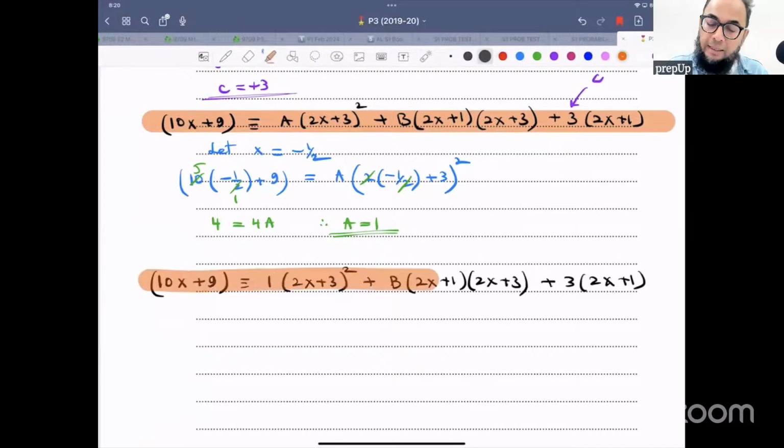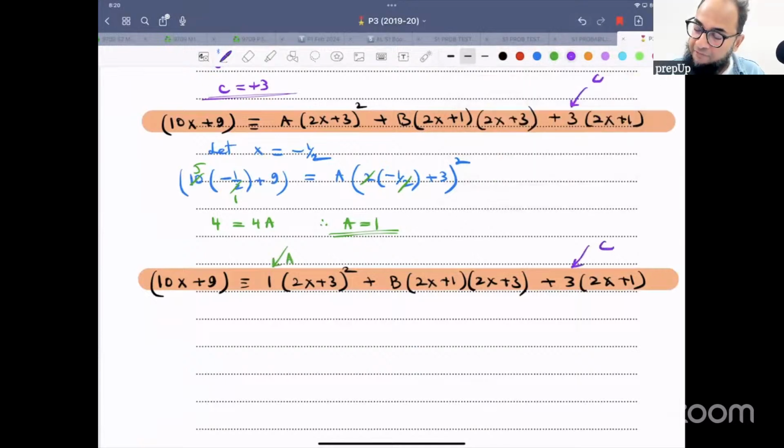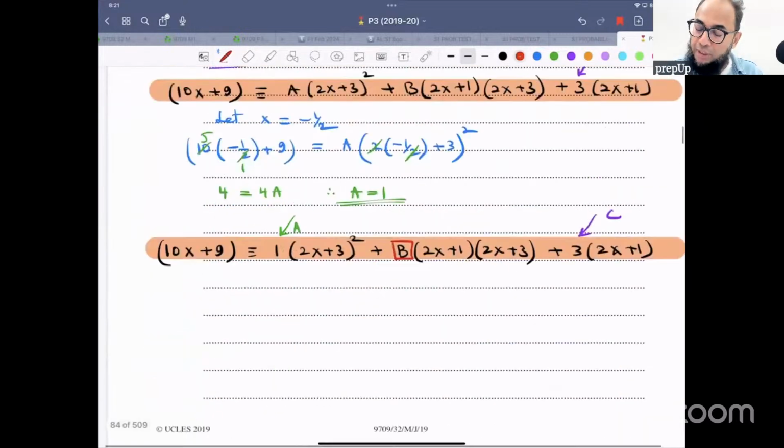So now we have substituted the value of a and we have substituted the value of c. So the only unknown thing that remains now is b, and that is what we are looking for.